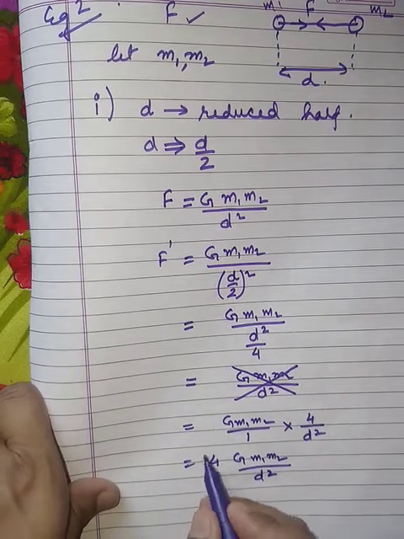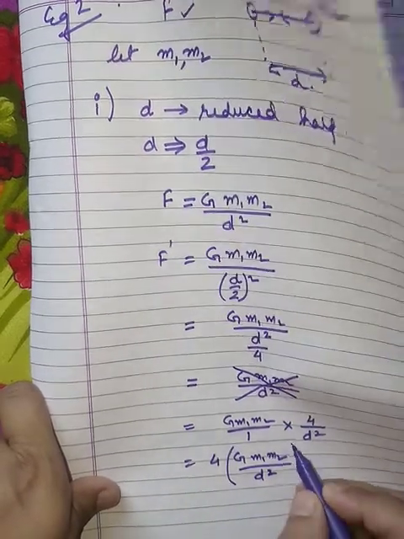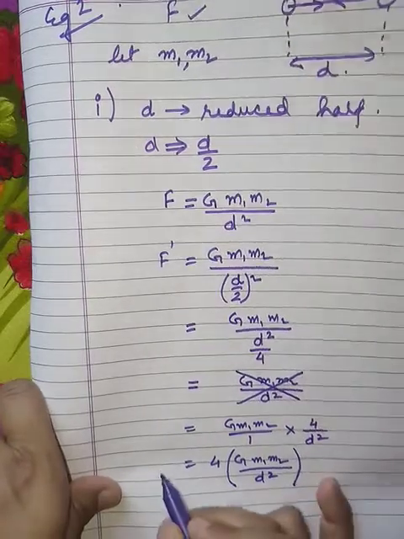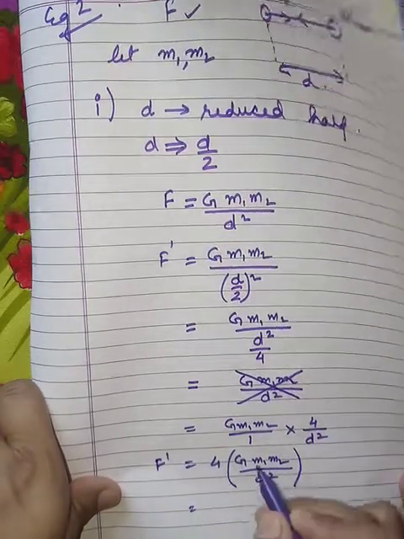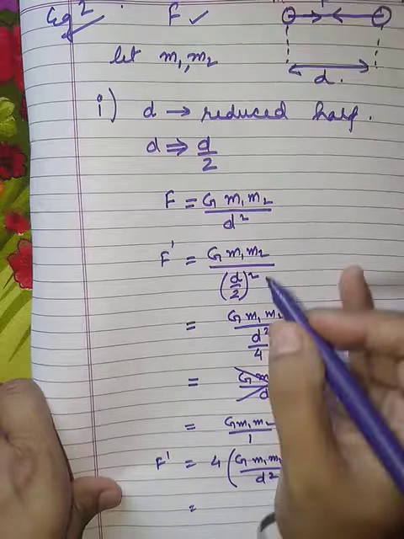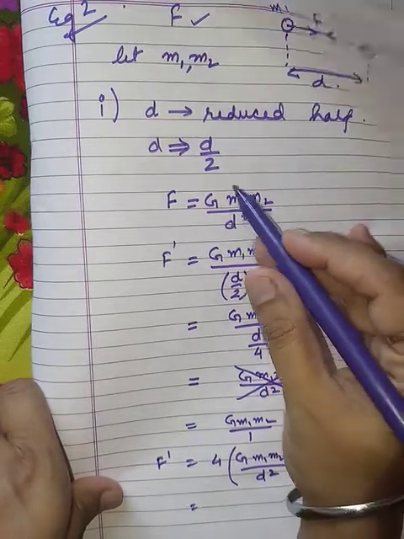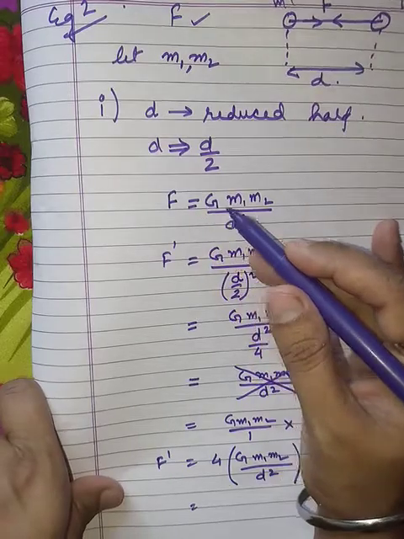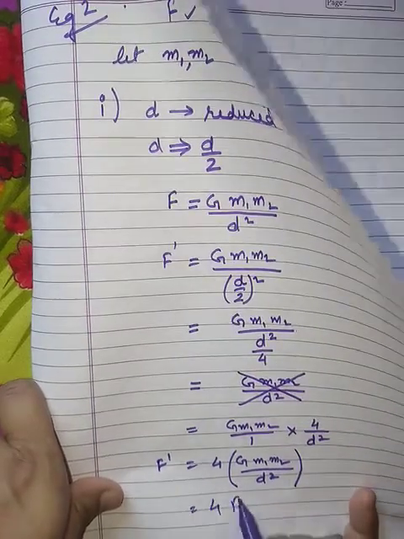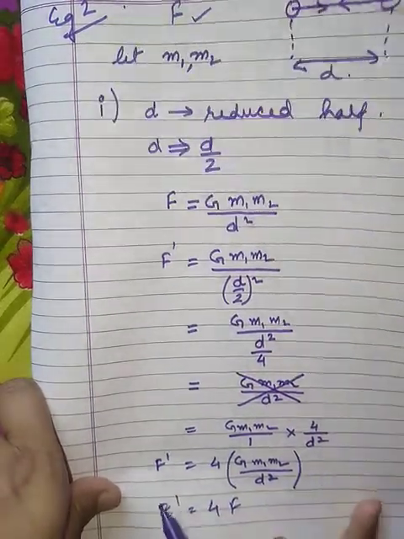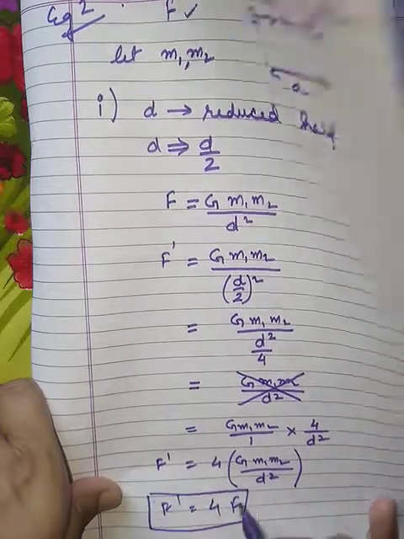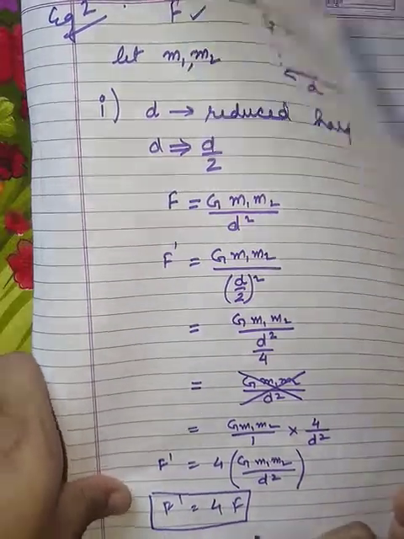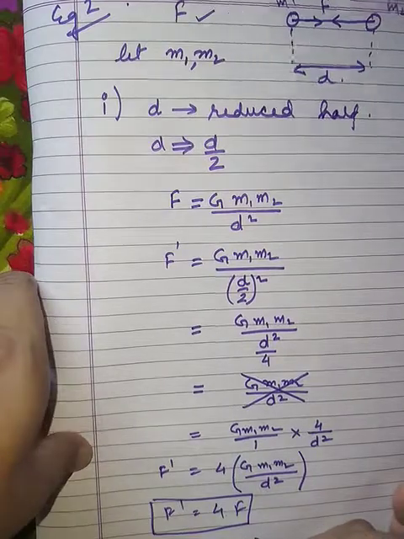We are taking this 4 out, so this is F dash. What is this G m1 m2 by d square? From here it is F, nothing but F, which is the given force. So it is 4 times the given force. The new force will be 4 times the given force, that means it will be 4F.